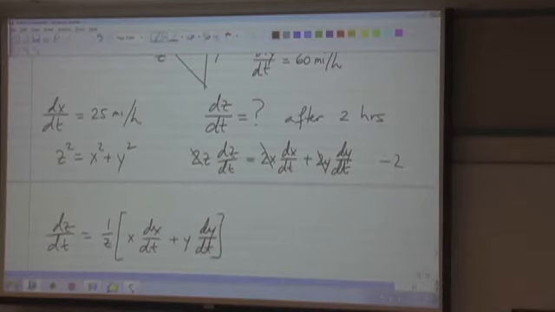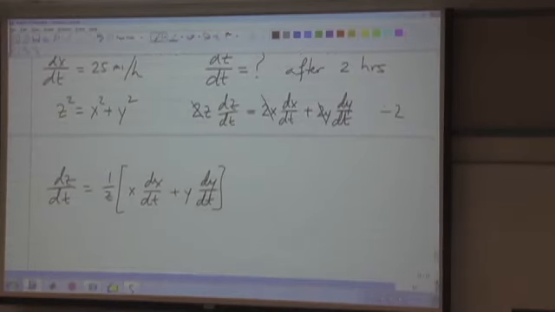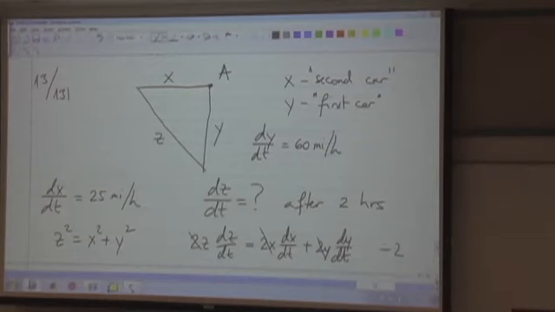Okay, so now let's put in what we know. We know dx over dt, we know dy over dt. Can you tell me what x is? 50. Very good. Why 50? Exactly.